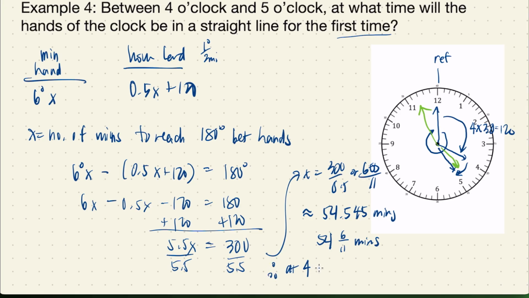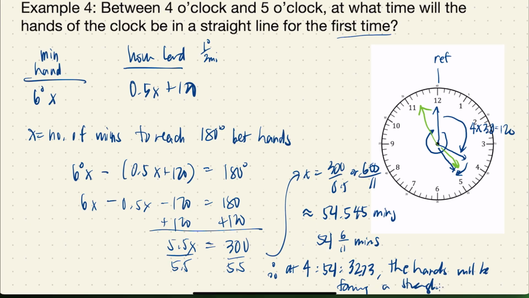Therefore, at 4:54 and 32.7 seconds, the hands will be forming a straight line. That will be our answer.